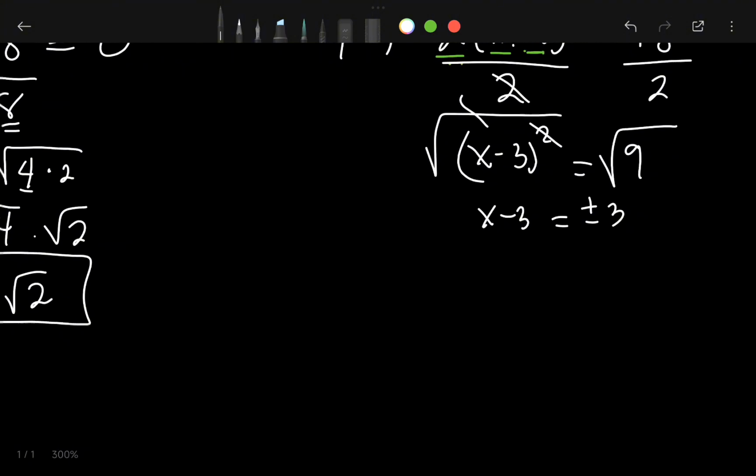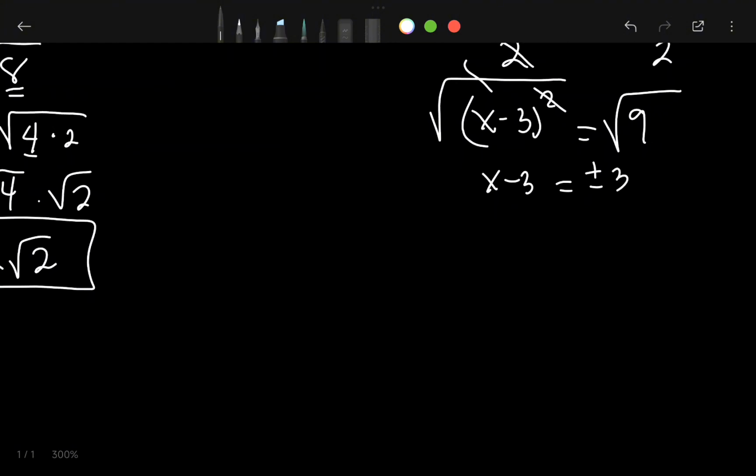Now, we're not yet done because we're solving for x. And you know that we have two answers for 3 here, the positive 3 and negative 3. And we still have a constant here. So we're not yet done. The next step that you need to do is to transpose negative 3 because you're solving for x. So you need to isolate x, and definitely you need to isolate also all of the constant.